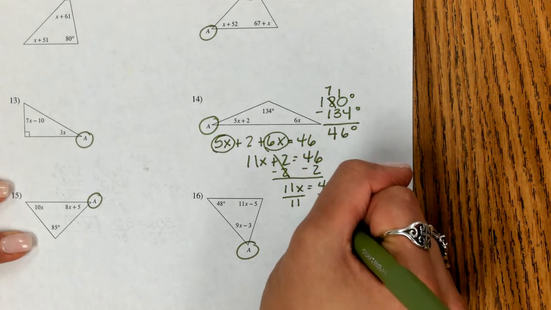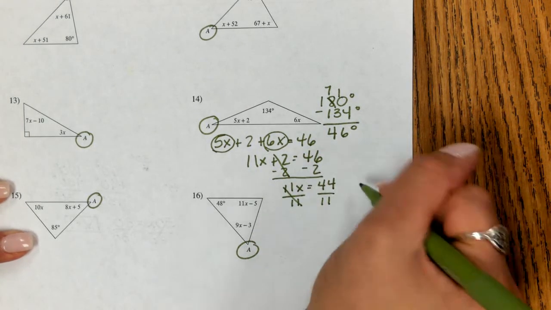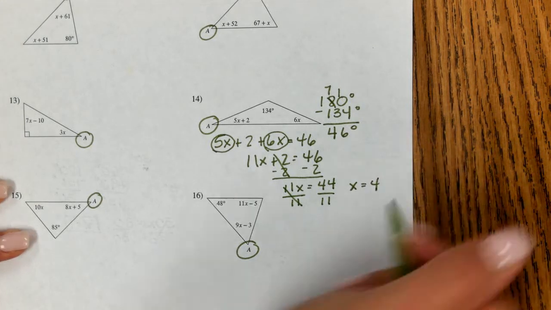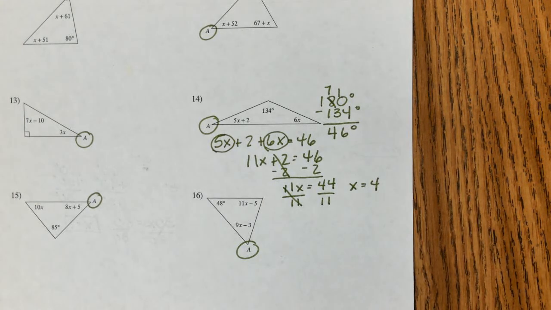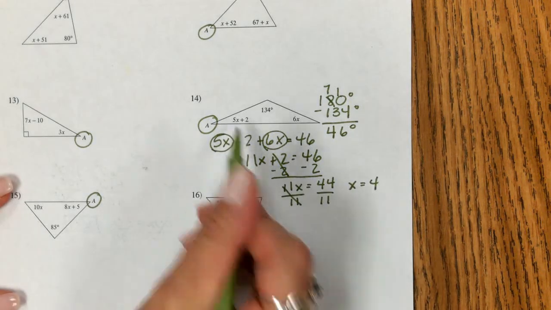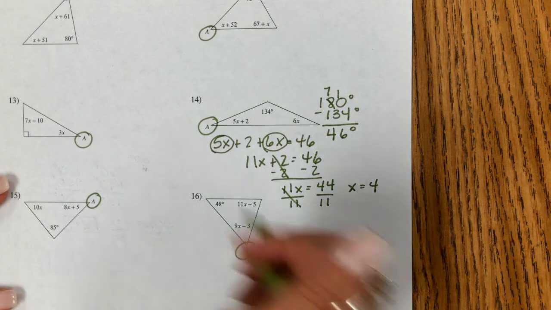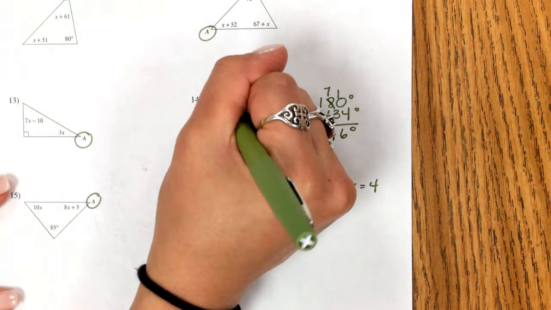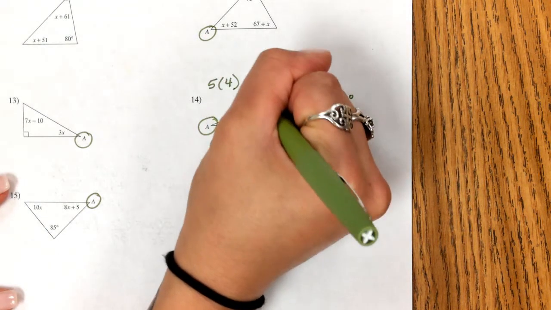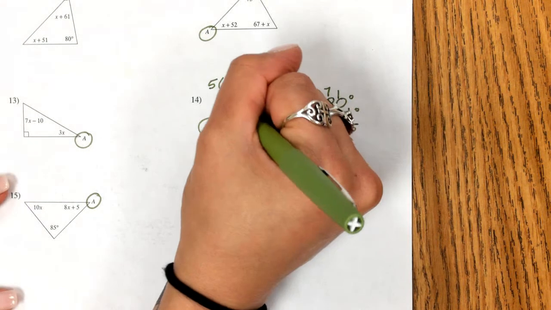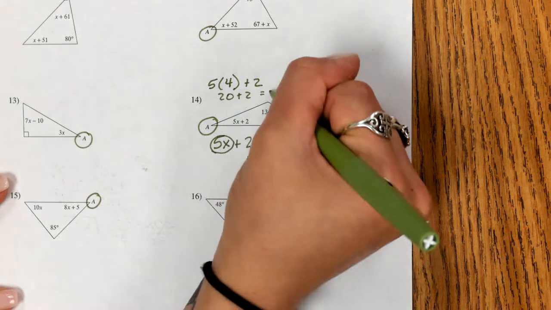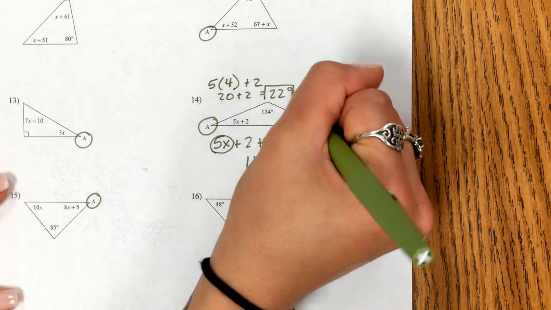And most of you already divided, obviously. So x equals 4. Okay, so again, x is not my solution. That's not my answer. Okay, I need to plug that into where a is. So that means I'm going to do 5 times 4 plus 2, which equals 22 degrees is my answer. Very good.